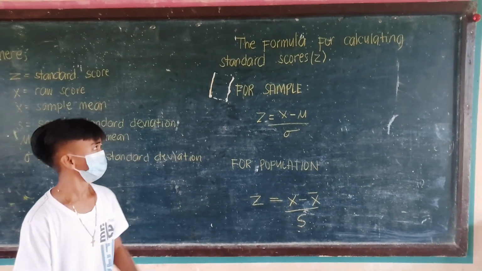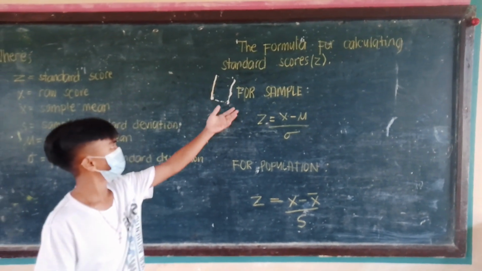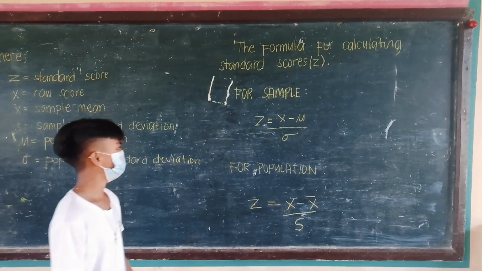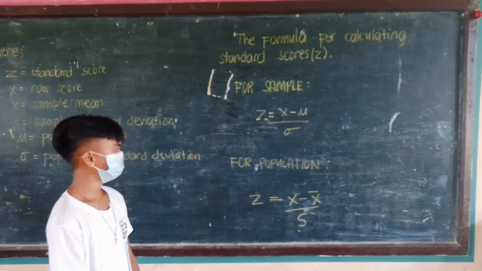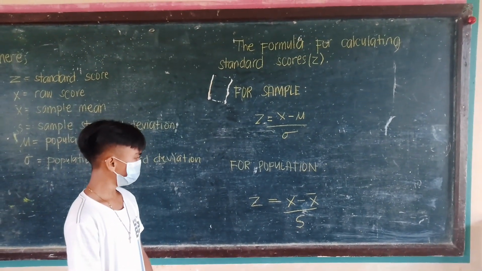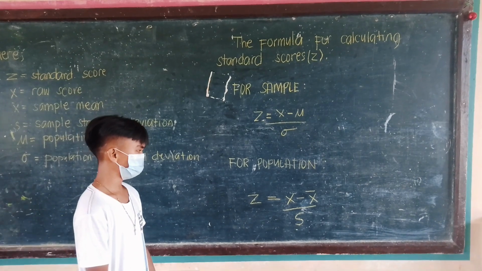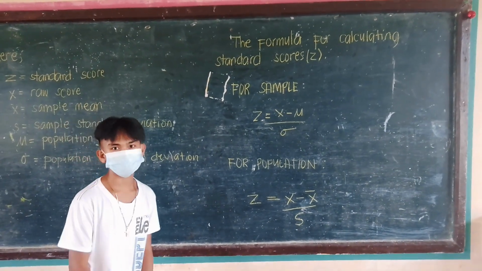So these are the formulas for calculating the standard score. Z is equal to X minus mu over sigma for population. Z is equal to X minus X bar over S for sample.